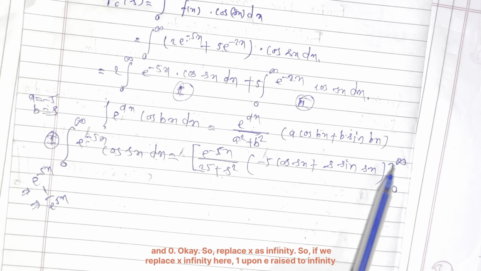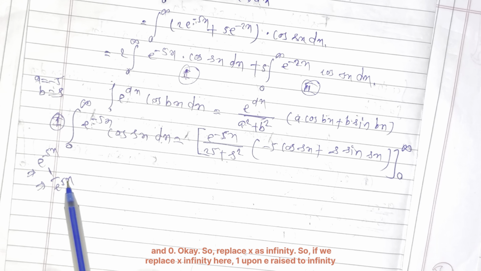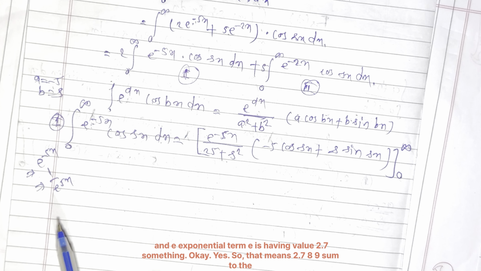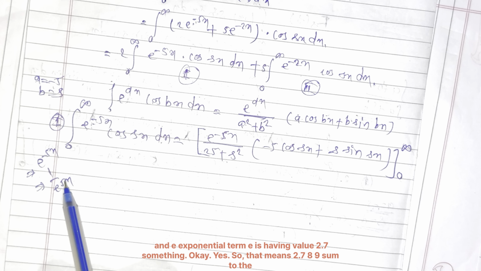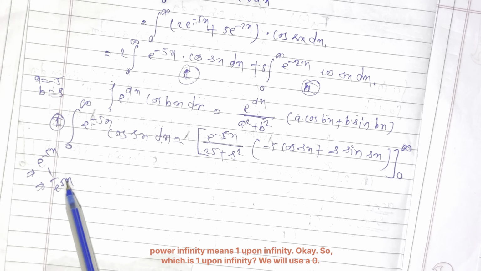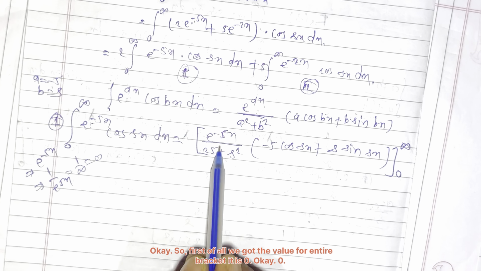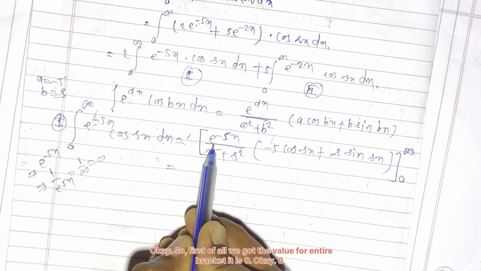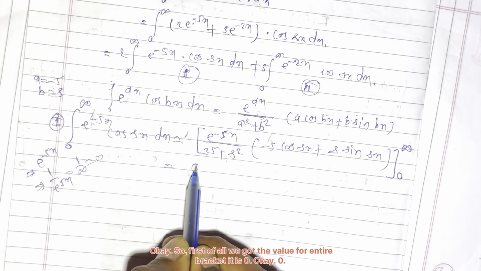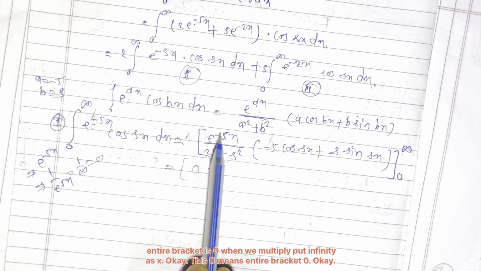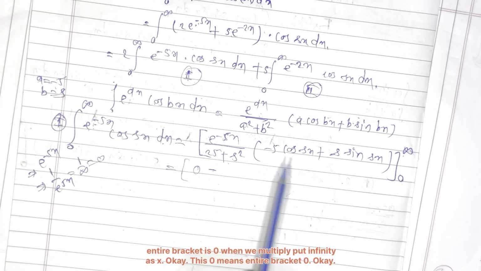If we replace x with infinity, we get 1 upon e raised to infinity. Since e has the value 2.7 something, to the power infinity it means 1 upon infinity, which gives the value 0. So the entire bracket is 0 when we put infinity as x.